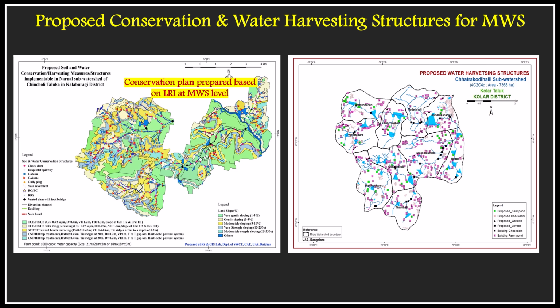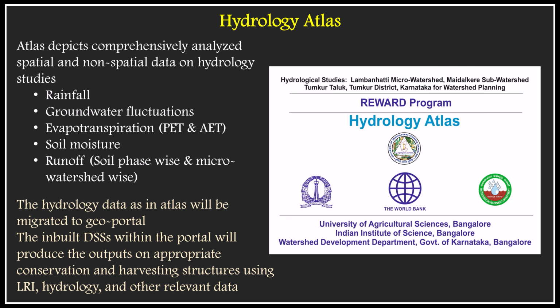Based on this data, conservation plan for watershed and proposed water harvesting structures are depicted in the map. In the end, considering all the parameters, hydrology atlas is prepared.